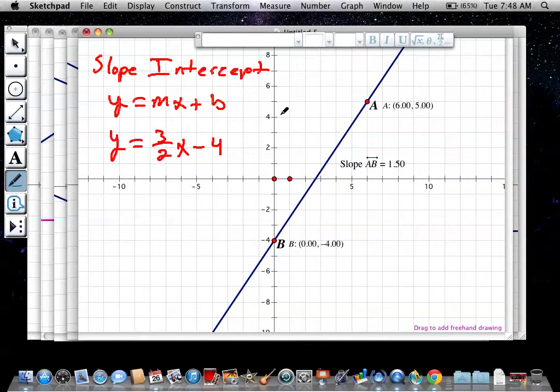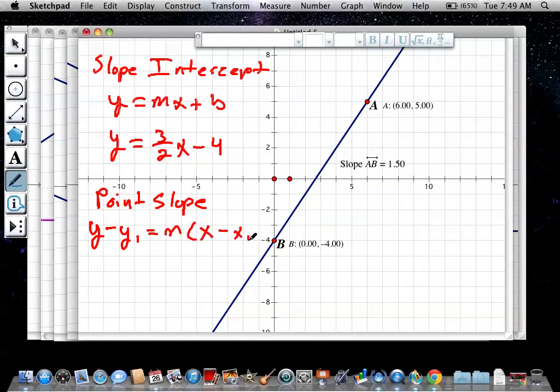Now, the other form is point-slope. In point-slope form, I take y and subtract y1, and that equals m times x minus x1. y1 and x1 are just any point on the line. So I'm going to use point A, and I'm going to plug in.